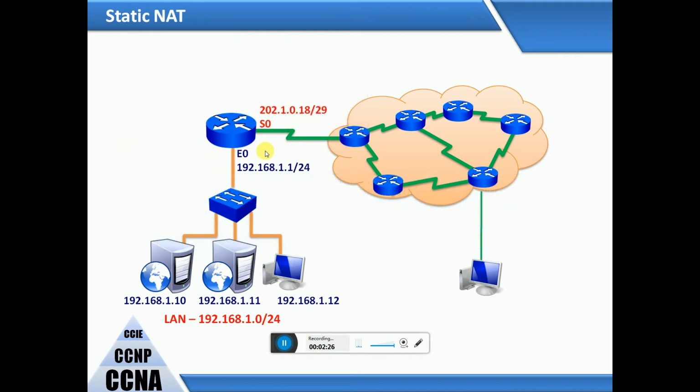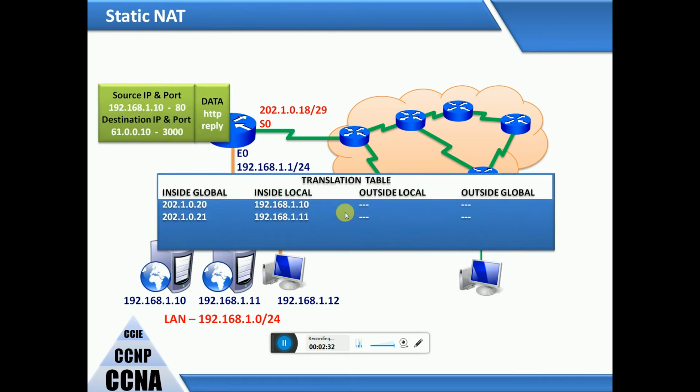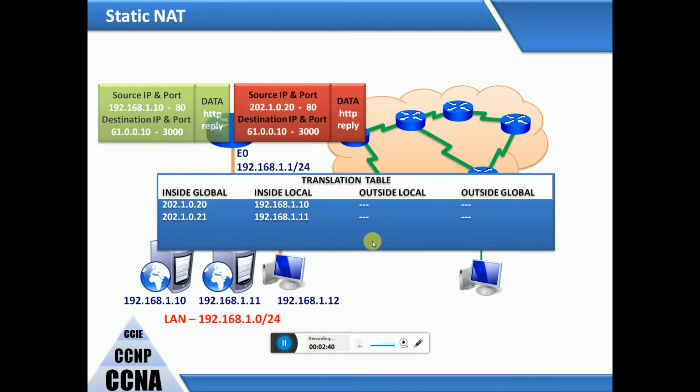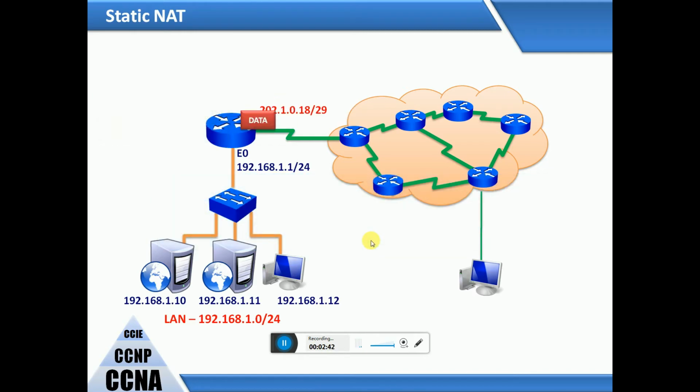This switch is going on. The client's data goes to the switch and to the router, showing the source IP address and destination IP address differently. It is the host and local, inside local, source IP address.